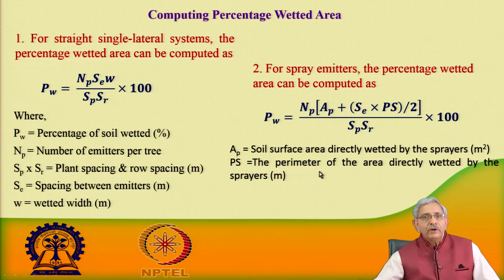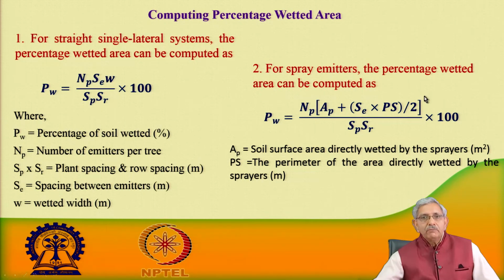Now, when we are finding it particularly for micro sprinkler or spray types of emitter, the percentage wetting is the number of emitters per tree into Ap, that is the soil surface area directly wetted by sprayers, plus the spacing of emitters multiplied by the perimeter of area directly wetted by sprayers divided by 2, and then the whole thing is divided by the product of plant to plant and row to row spacing.